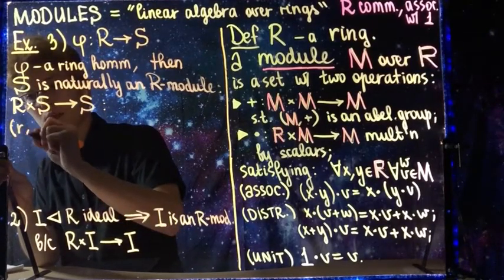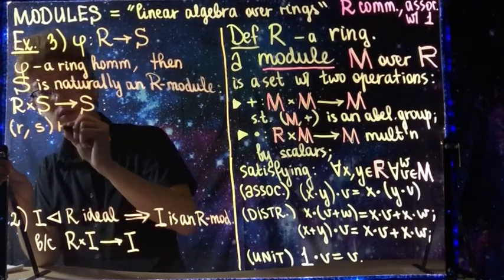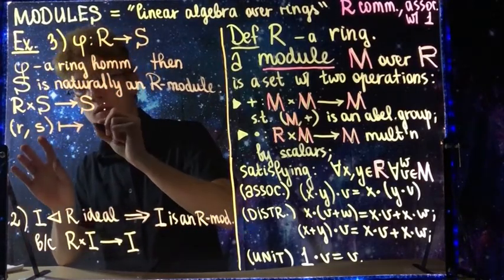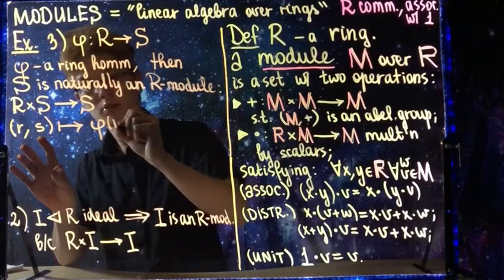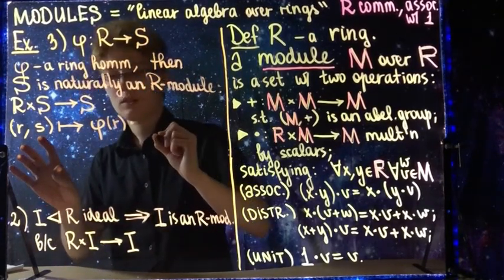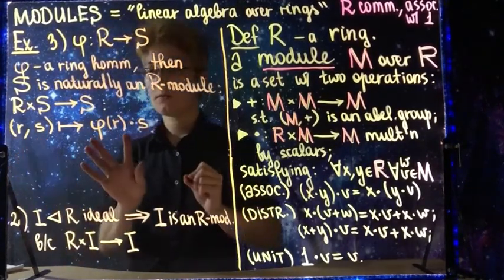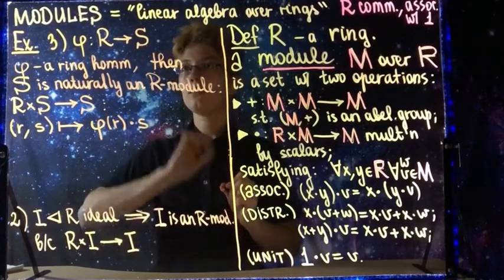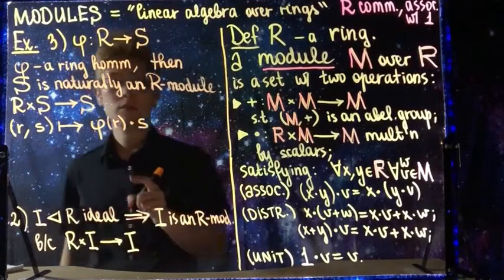So r times s would be defined as phi of r times s. So phi of r is an element of S, and we use multiplication in S to multiply these two elements.